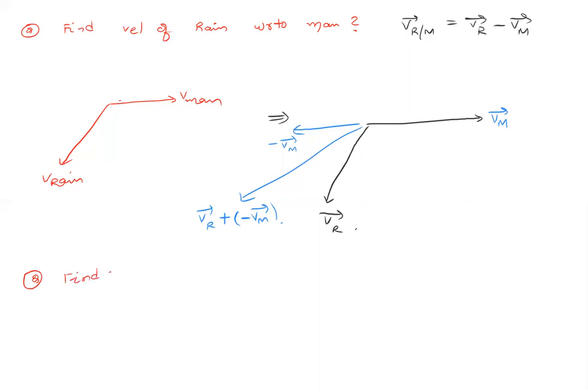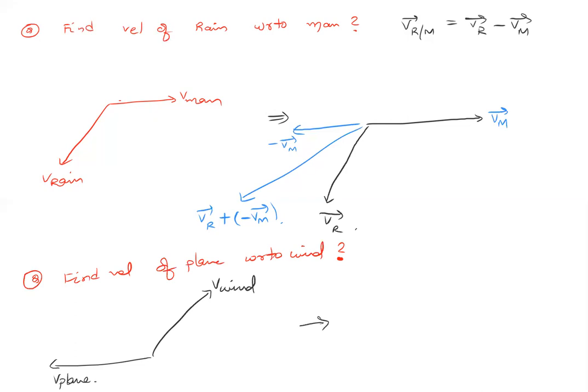Find velocity of plane with respect to wind. This is your question. Now if velocity of wind is in this direction, velocity of plane is in this direction.